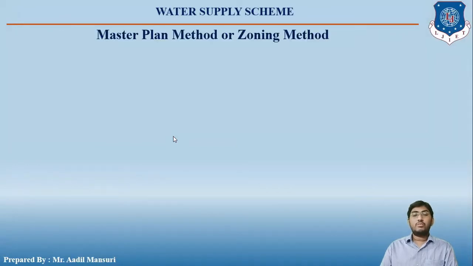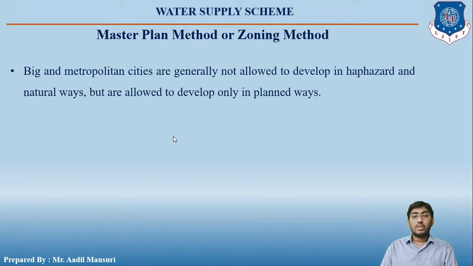Let us now move towards the next method, that is the master plan method or zoning method. Big and metropolitan cities are generally not allowed to develop in haphazard and natural ways, but they are allowed to develop in planned ways.